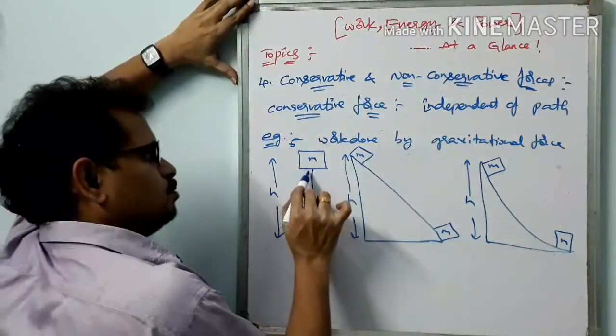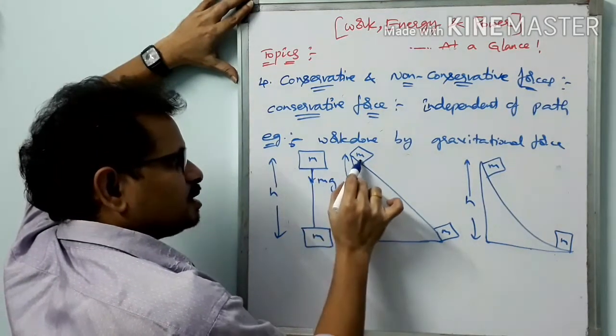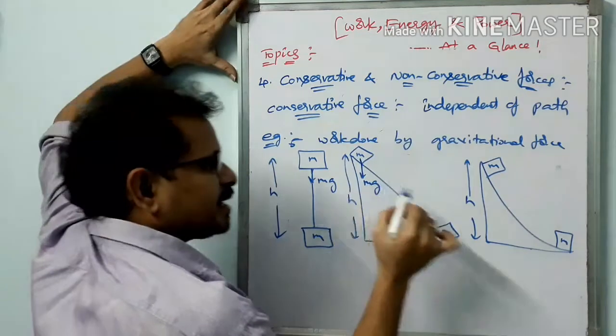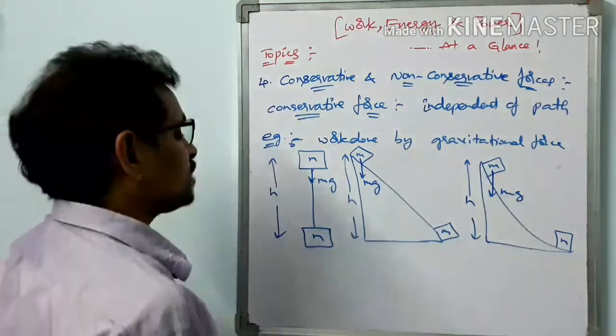In this case, what is the gravitational force? Mg is acting downwards. Here also mg is acting downwards, and here also mg is acting downwards.